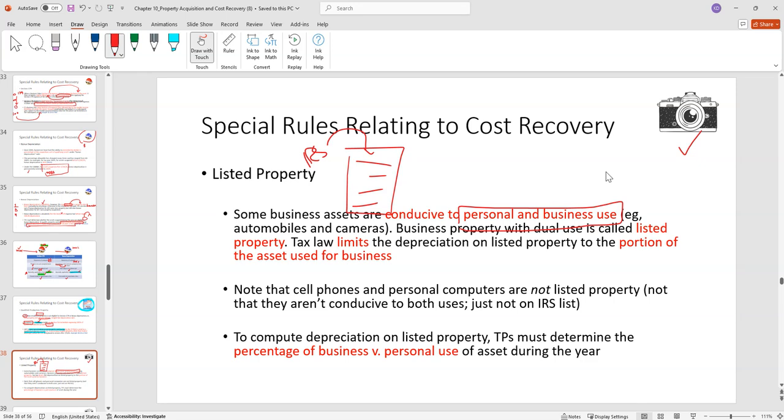Say we're Peter Parker, we're self-employed, we buy a camera. Some of this we use in our business, some of this we use in our personal life. What the code says, in light of listed property, is we have to break out the use and put limits on your depreciation. We're going to prorate it commensurate with your business use.